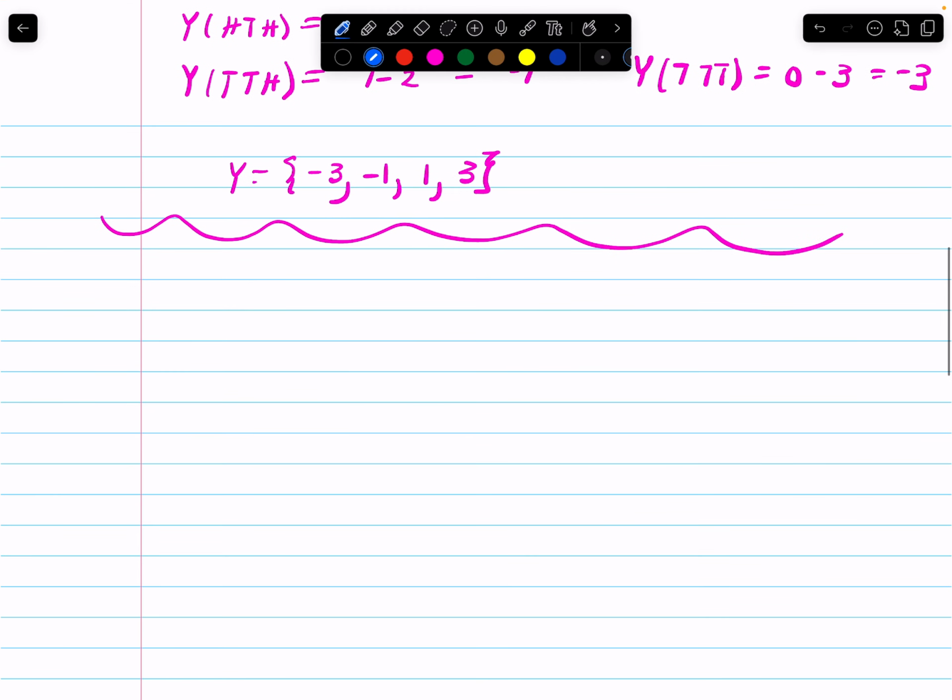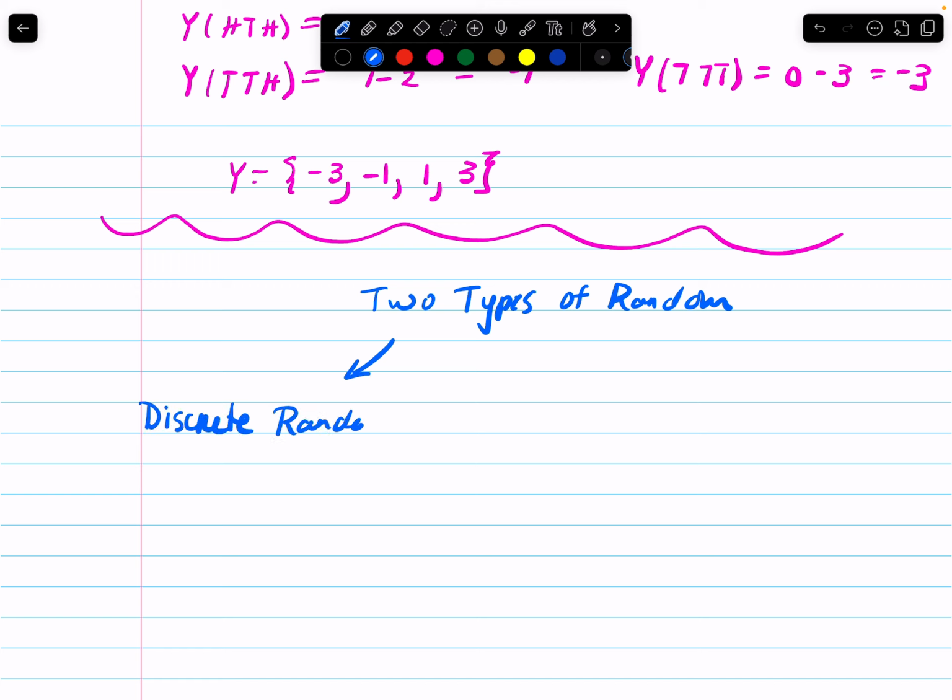Okay, there's 2 types of random variables that we will consider. Discrete random variables, which we will denote DRV, and continuous random variables, or CRV.